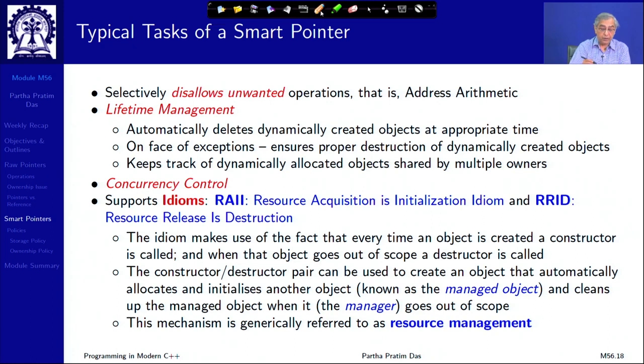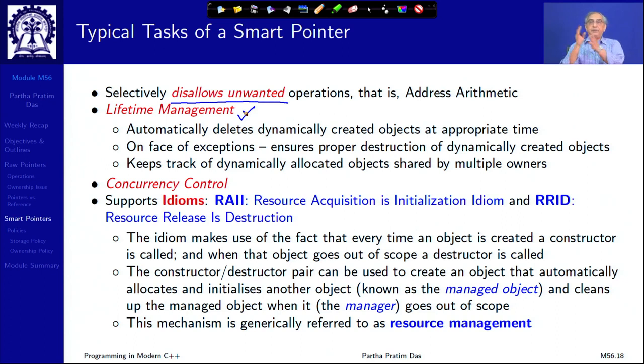So, what are the common tasks? The first thing the smart pointers do is disallow what are called unwanted operations, that is, address arithmetic. Unless you are doing real system level programming, you do not need address arithmetic. It is a very bad idea to use. So, smart pointers do not have address arithmetic operators, but they help in lifetime management. A smart pointer automatically deletes the dynamically created object at an appropriate time.